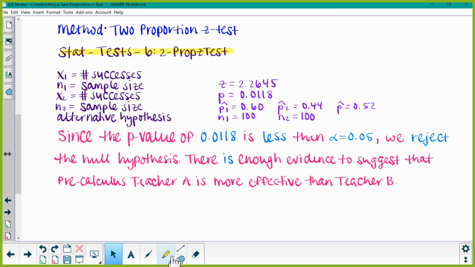There is enough evidence to suggest that pre-calculus teacher A is more effective than teacher B. So because of my p-value being low, we reject the null hypothesis and we can work with the idea that the alternative is true, that P1 is greater than P2. And this is the wrap up for two proportion z-tests.